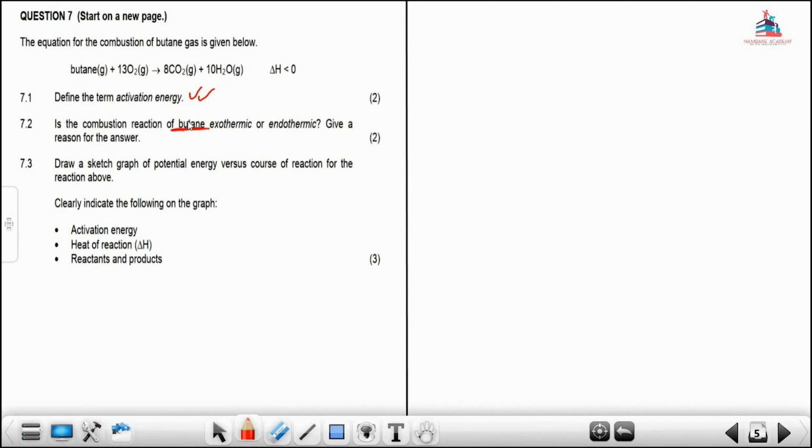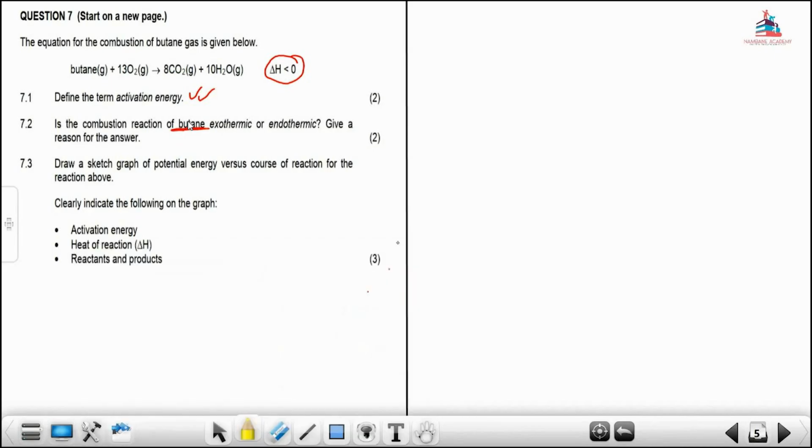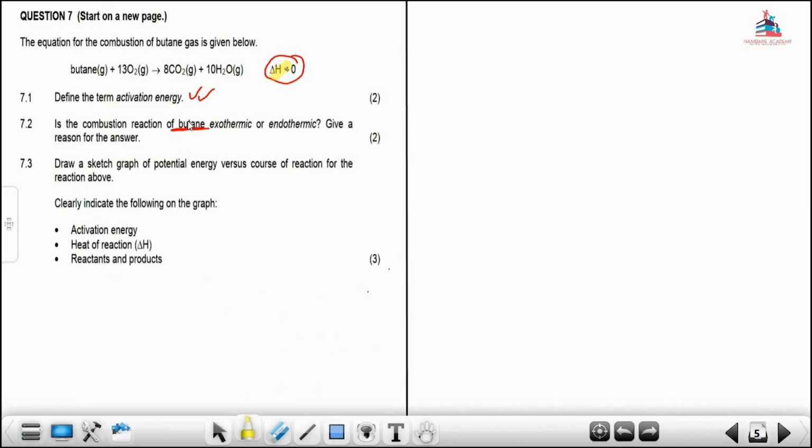Now the combustion reaction of butane: is it exothermic or endothermic? What is a hint here? The hint is this delta H that is given there. Mpilo, you did not check any information that will be a hint for us to know whether the reaction is exothermic or endothermic.